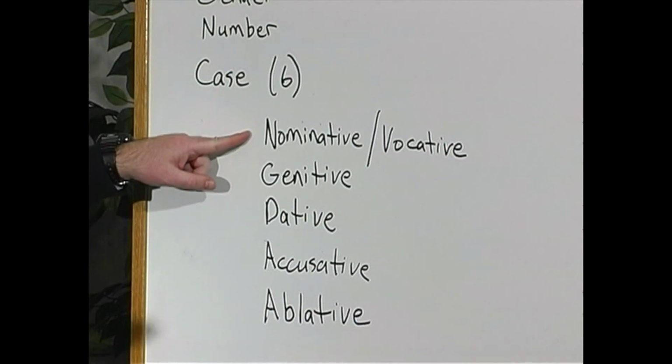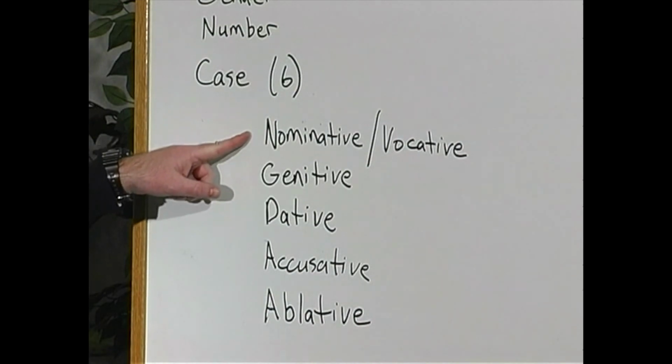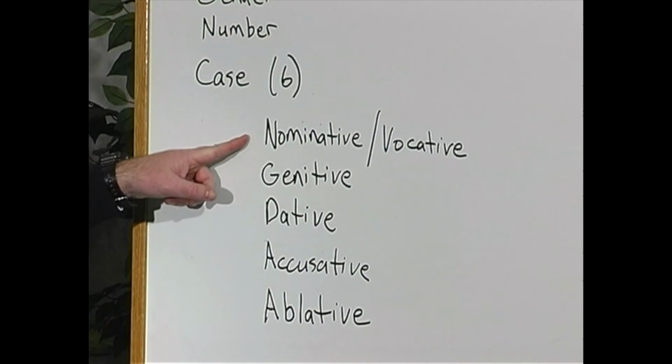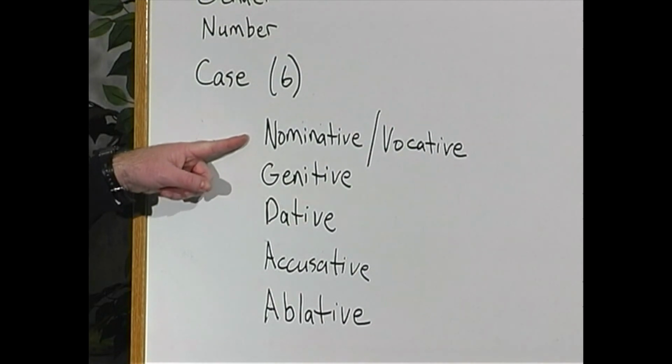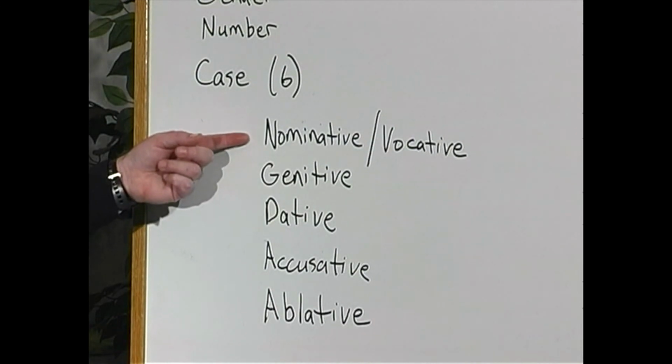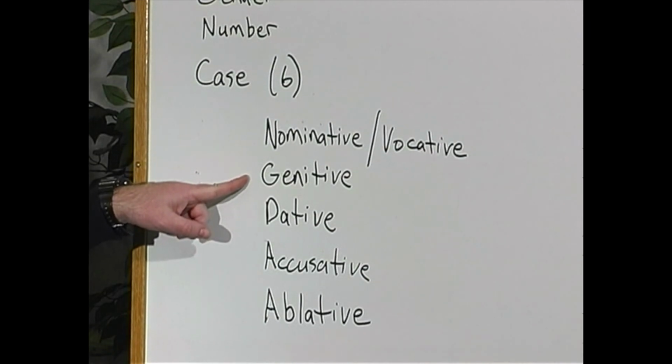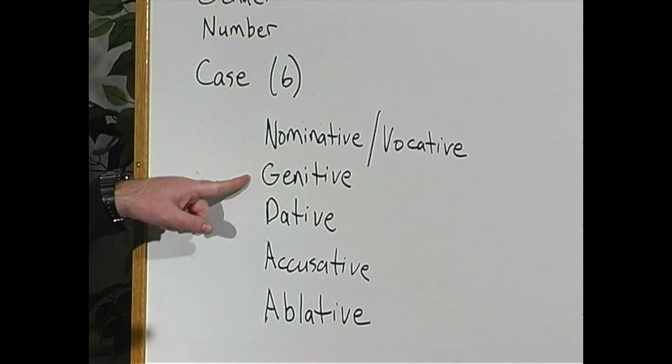Nominative is the case of the subject. If a Latin noun is being used as the subject of a sentence, it will be found in the nominative case. Genitive is the case of dependence or possession.